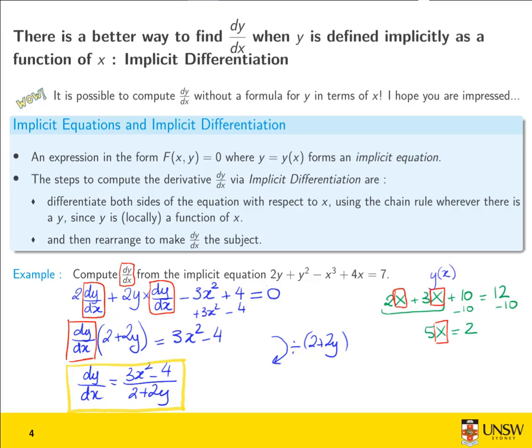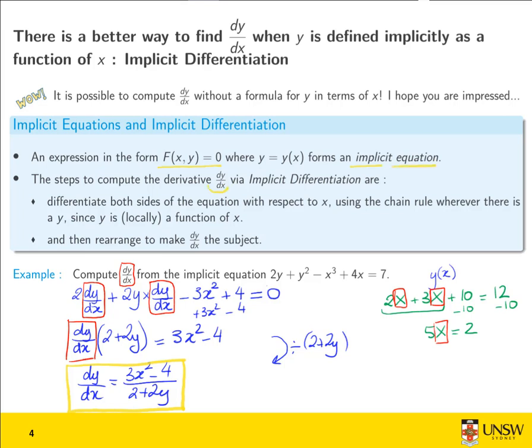So this was just an example, and we'll see that it just follows a very general pattern. So a little bit of vocabulary first. When you have an expression with two variables like that, a function of x and y is equal to 0, that forms an implicit equation.